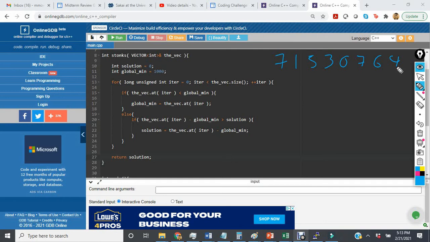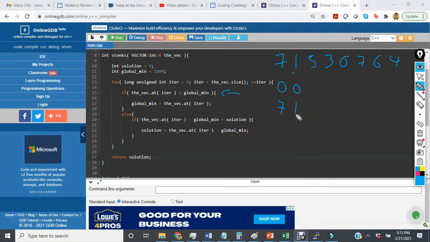So I go through the first iterator. I see here that 7 is less than global min, so solution remains 0, but now global min is going to be 7. We go through the next thing. We see that 1 is less than 7, so solution remains 0, and now our global minimum is 1.